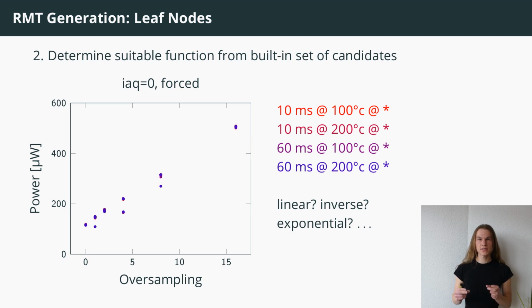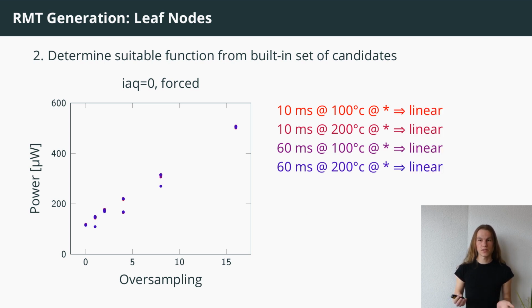It fits each function candidate on each set of measurements, calculates the model error of the fitted function, and then decides which function has the lowest error. In this case, it finds that a linear function wins in all cases. So by majority vote, the effect of oversampling configuration on device power consumption is linear. This function template is fitted on all measurements again and becomes the model for this specific tree leaf.